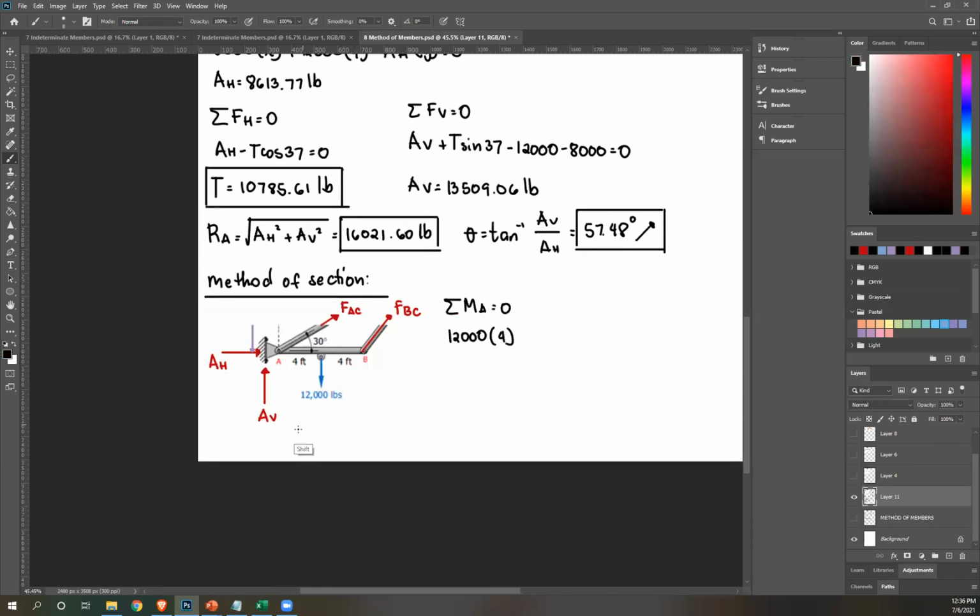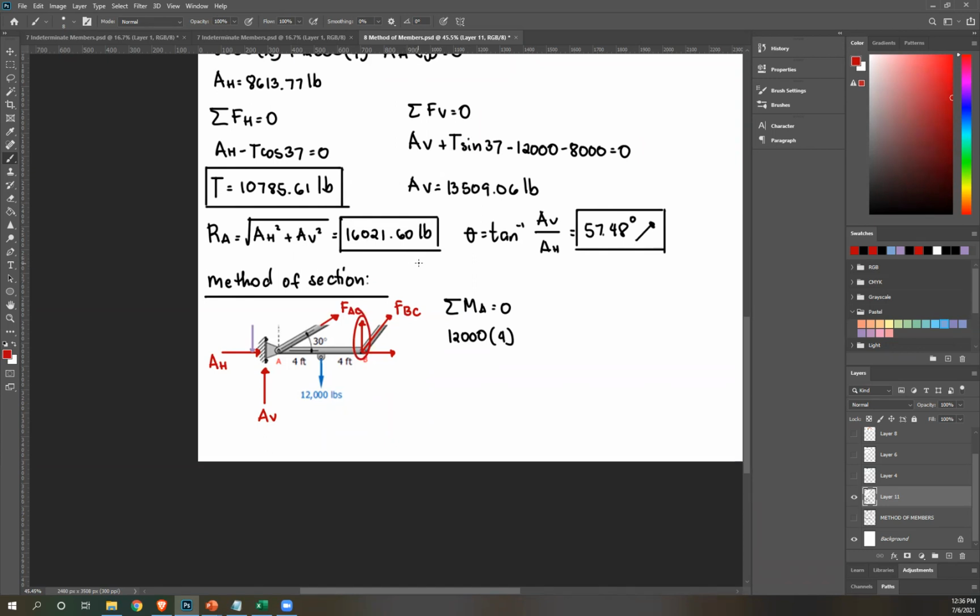Next, FBC. Perpendicular distance of FBC from A is this length right here. I don't want to solve for that, so let's use Varignon's theorem, which is just using the components, right? The horizontal component passes through A, so I'm going to ignore that. So what I need is a vertical component of FBC.